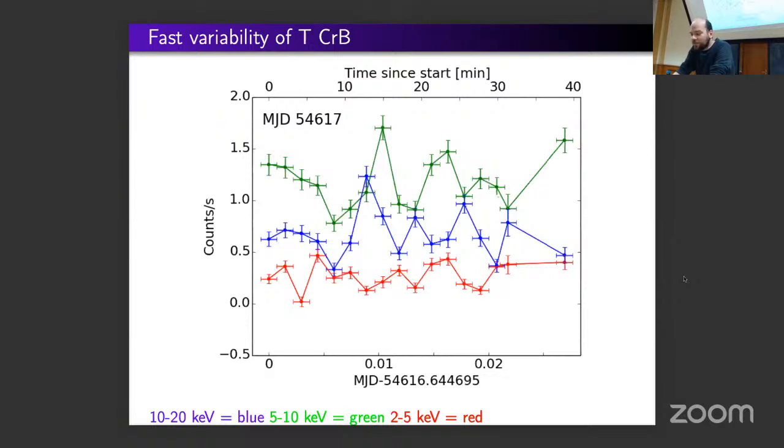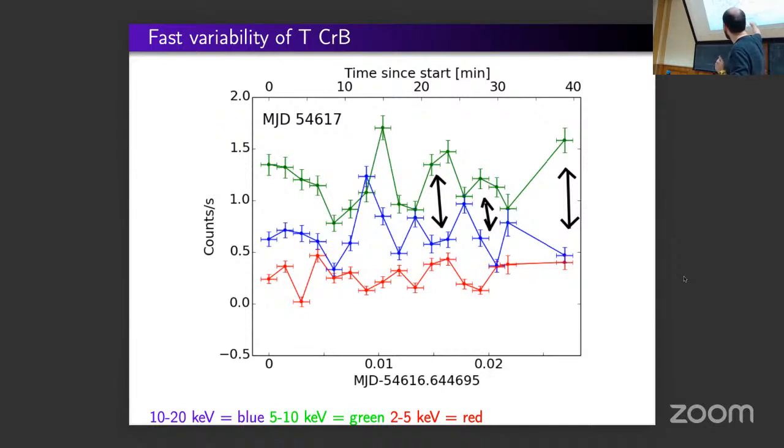What is also interesting in T Corona Borealis is fast variability in X-rays. So you can see here variability on time scales of minutes observed 20 years ago. What caught my attention is this event, and you can see the hardest range here in blue.